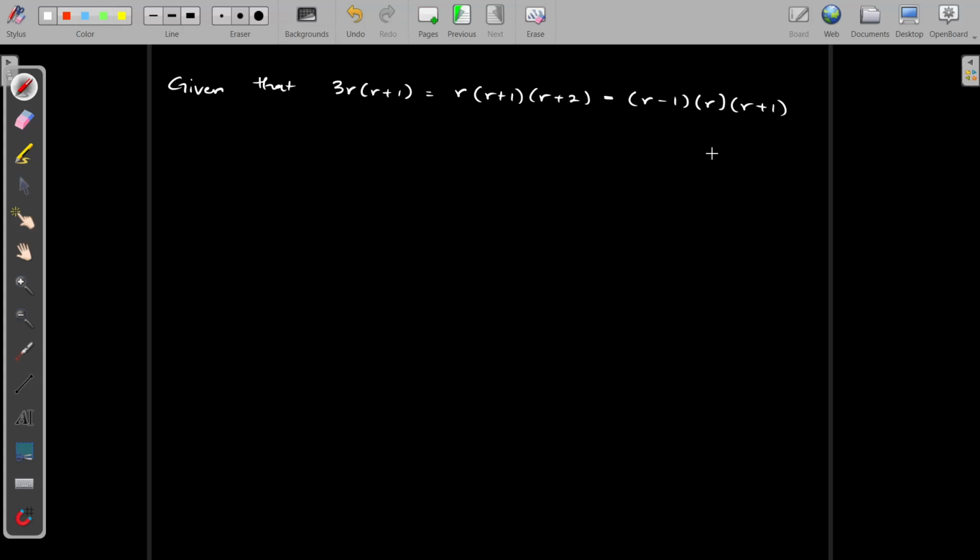Alright, so this is a crazy one. So given that 3r, open bracket, r plus 1 is equal to all of this over here. This is not an equal sign, this is a minus sign. We should show that the sum.